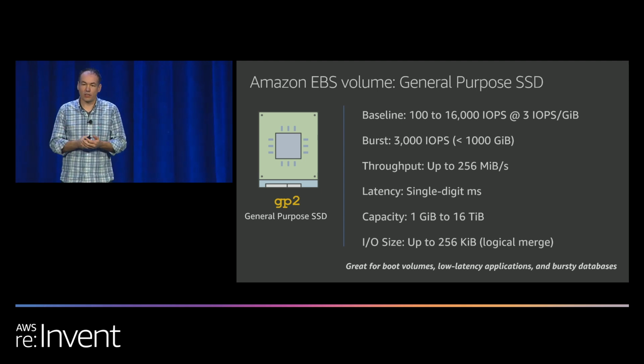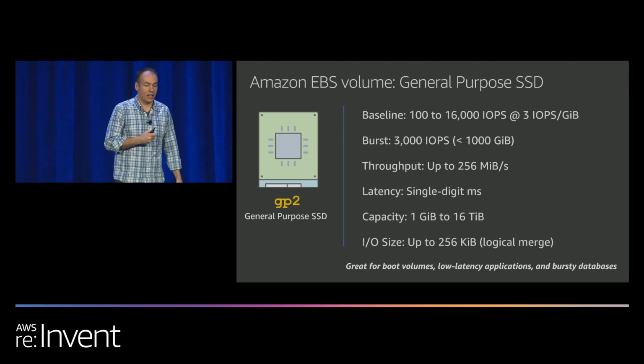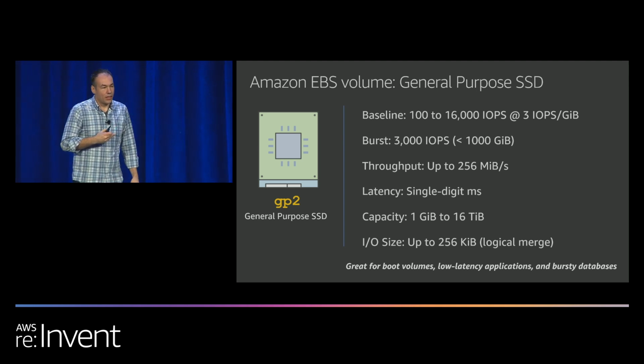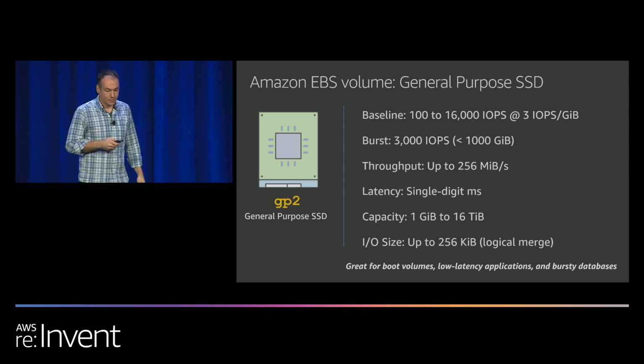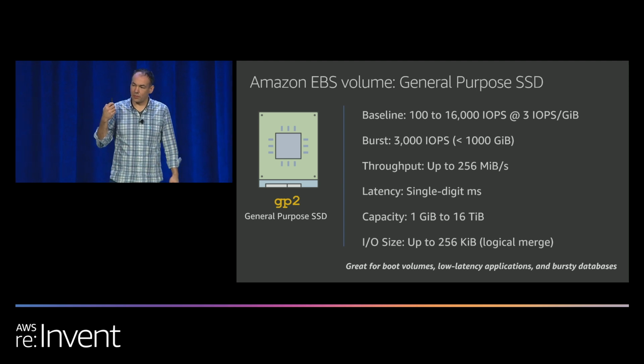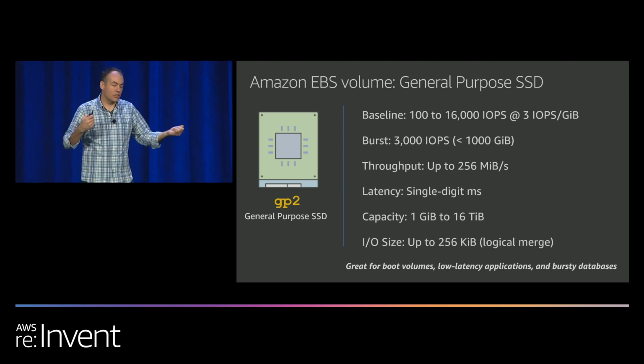And we do that with the logical merge size. So if you're doing some larger IOs, we'll keep track up to 256K if they're sequential and try to make it so that you can achieve that throughput for you. You can provision these volumes from 1 gigabyte all the way up to 16 terabytes. And so these are good for boot volumes, low latency applications, bursty databases, just about anything, really.